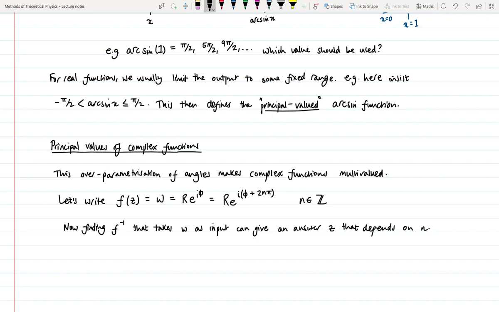It turns out that similarly to real functions, and we will discuss this further in the rest of this topic, we can handle this by restricting angles in the complex plane to principal values.